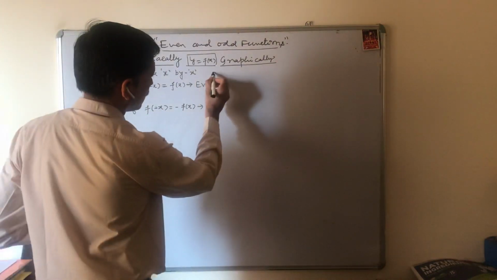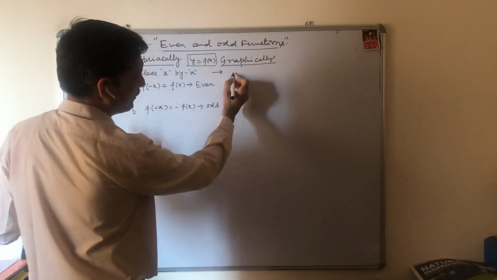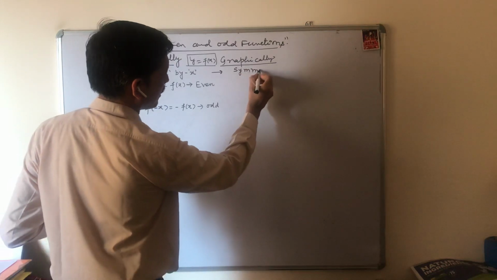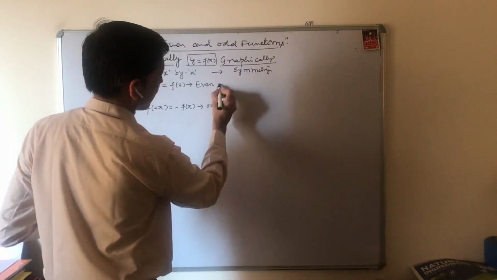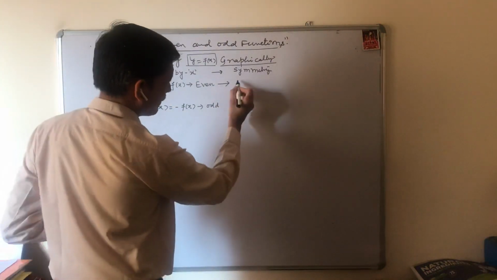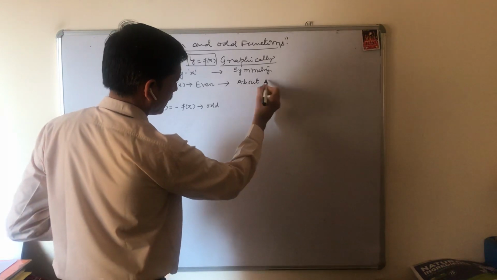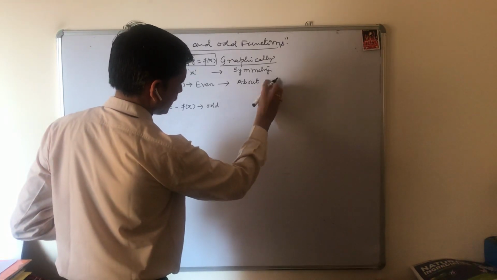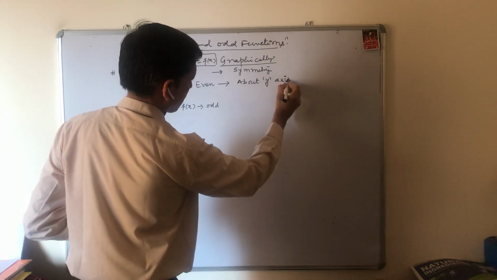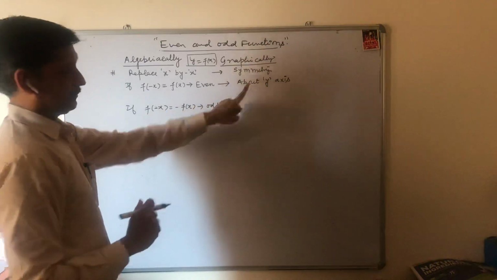Graphically, we can identify the nature of the function, whether it is even or odd, with the help of symmetry. If a function is symmetrical about the y-axis, then the function is always an even function.